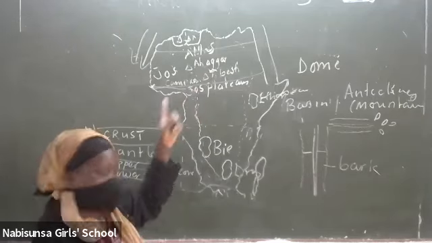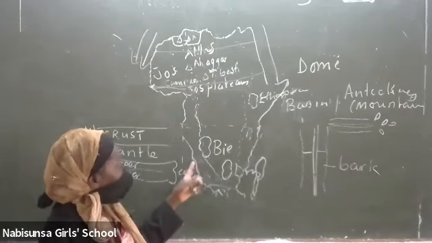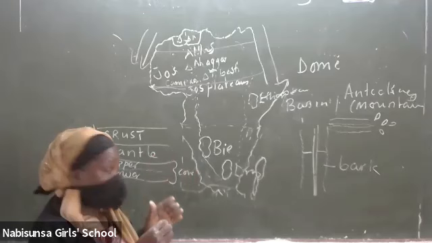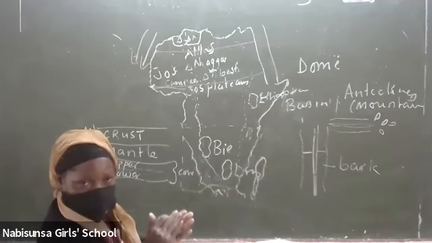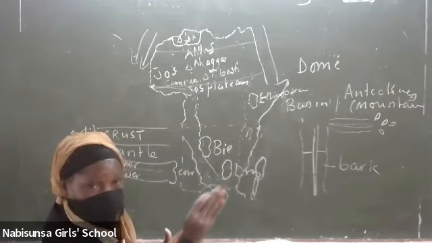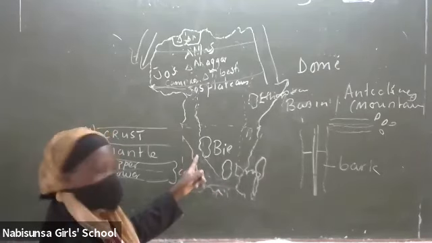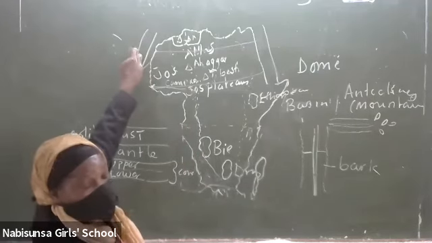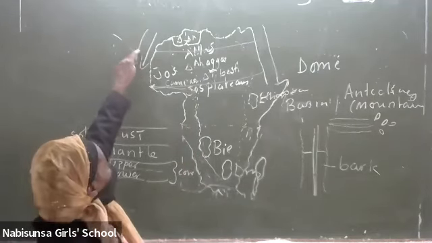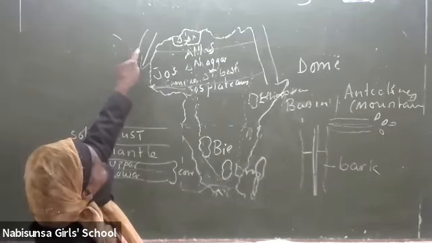You understand? This one is mainly a result of the cool Benguela currents. They are blowing almost parallel to the coast. Like these ones also, don't forget these are the Canaries, the Canary oceanic currents.